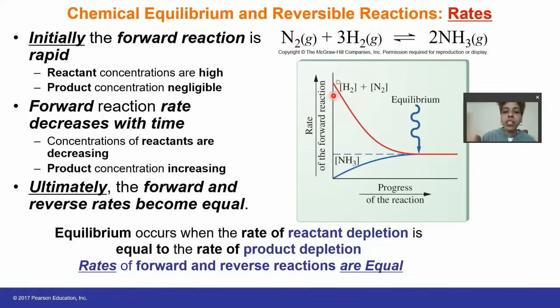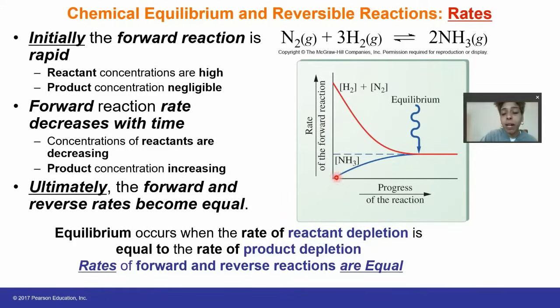Well, initially in a reaction, the rate of losing reactant is steep, right? Initially it occurs very fast. We have high concentrations of reactant, low concentrations of product, and the initial rate at which I change from reactants to products is steep. It's fast. Then we get to a point where that rate levels off.